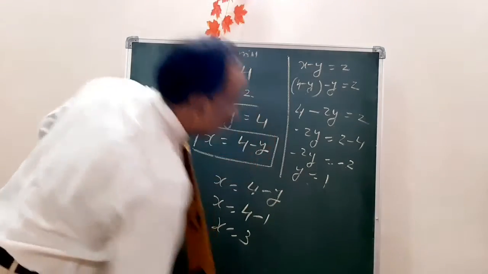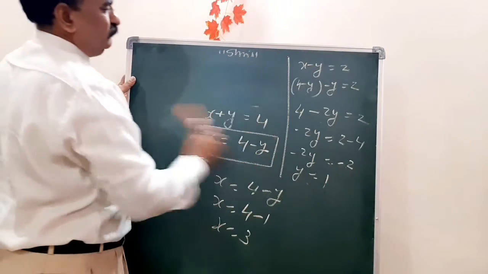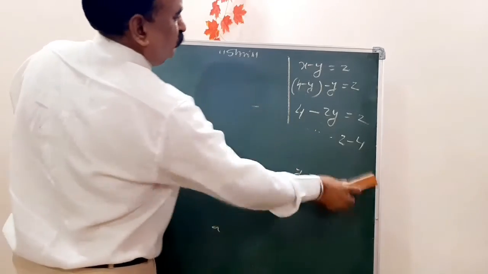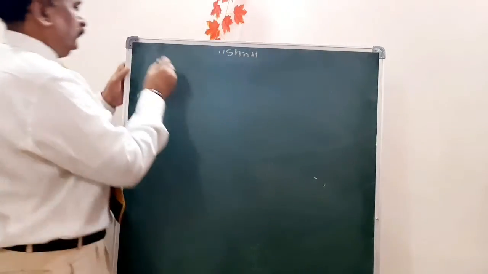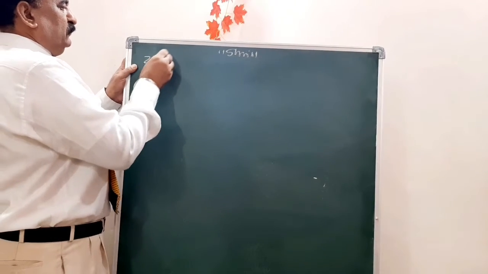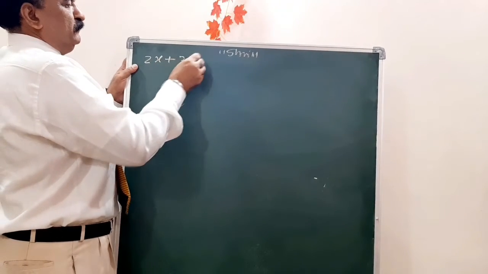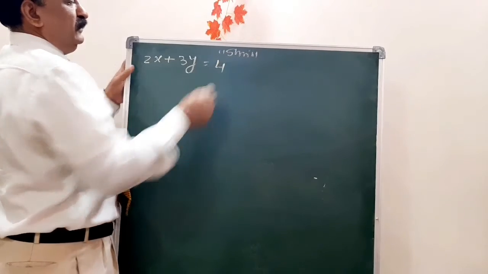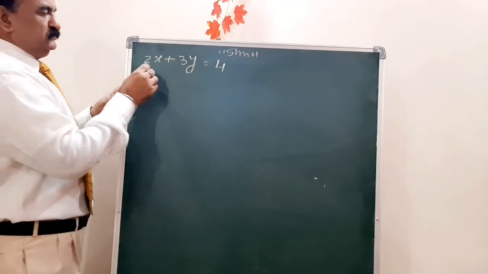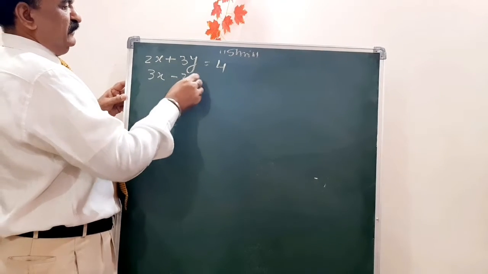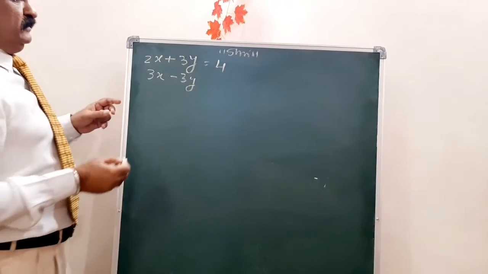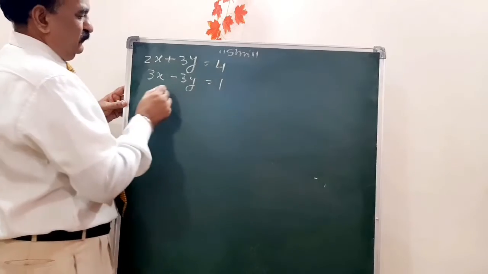Now one more question. 2x plus 3y equal to 4 and 3x minus 3y is equal to 1.